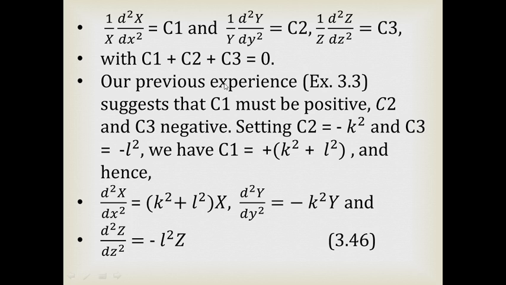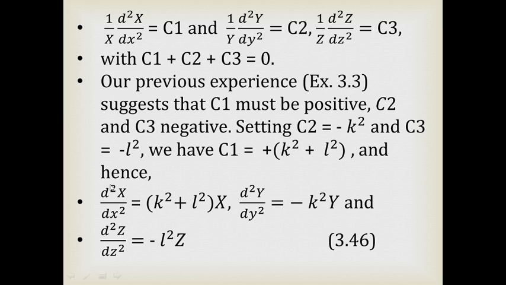We know from here that C2 plus C3 is equal to minus C1. Substituting this, C2 plus C3 is minus k square minus L square, so C1 is equal to k square plus L square.